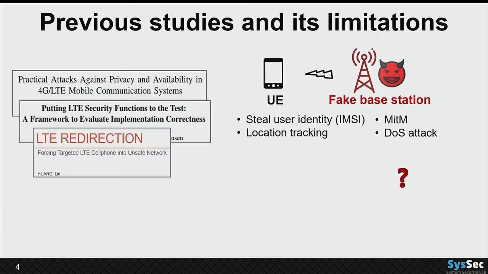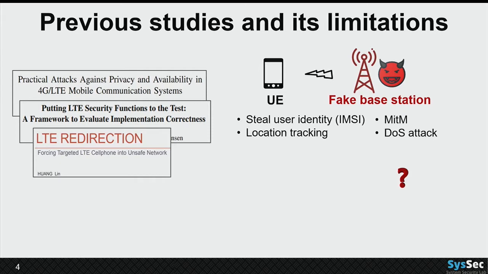Previously, there were several studies about LTE control plane security. These studies mostly focus on attacks using a fake base station. So an attacker can steal user identity, perform man-in-the-middle attacks, track the user's location, or perform a DoS attack.